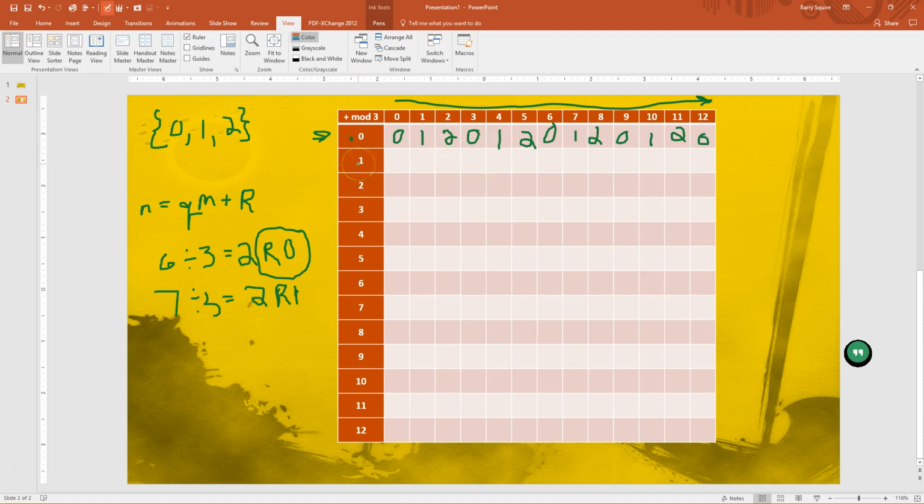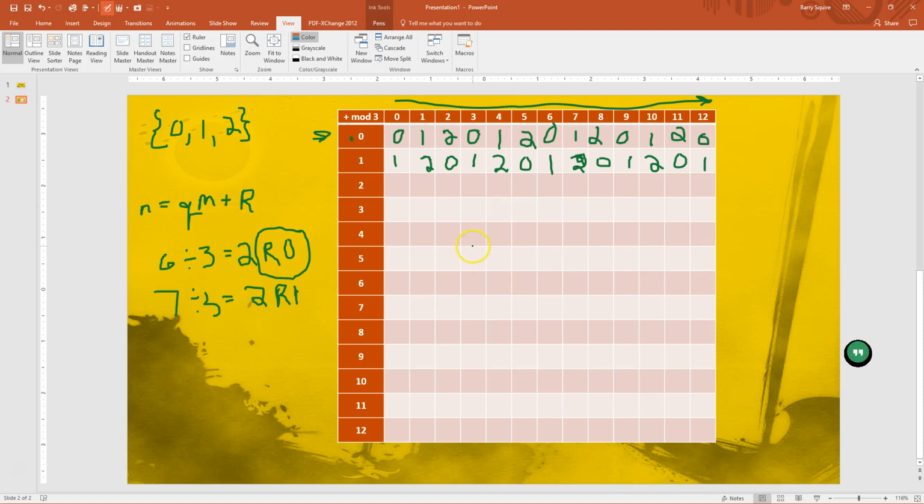Now, if I start adding the 1s, I get 1 plus 0 is 1. 1 plus 1 is 2. 1 plus 2 is 3, but I can't use 3. But 3 divided by 3 leaves me with a remainder of 0. So we can kind of see what pattern we're going to deal with here. 1, 2, 0, 1, 2, 0, 1, 2, 0, 1.